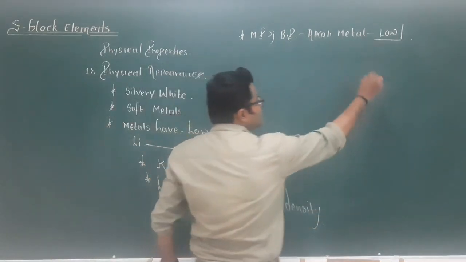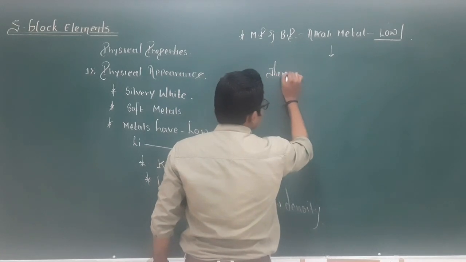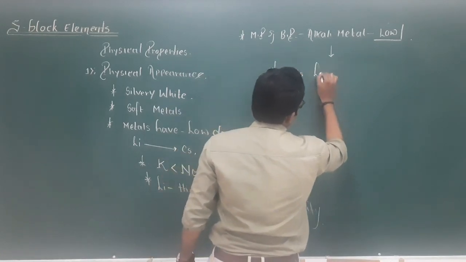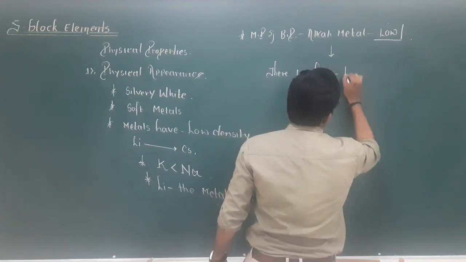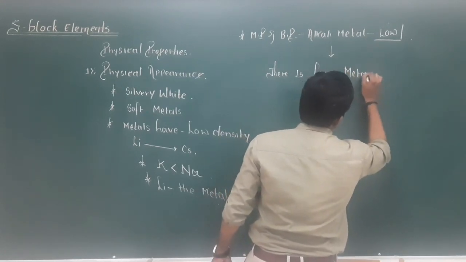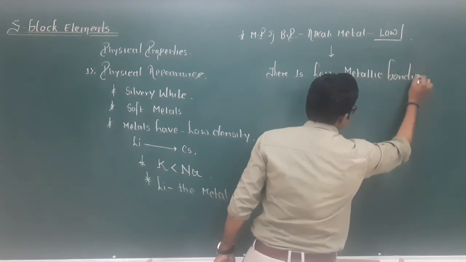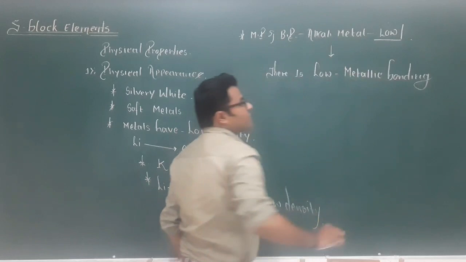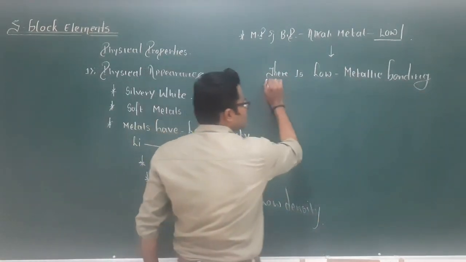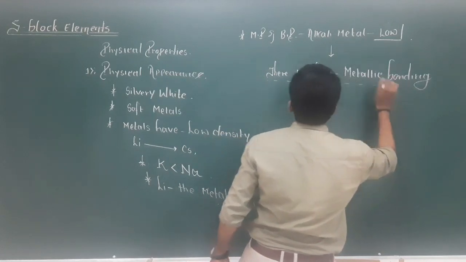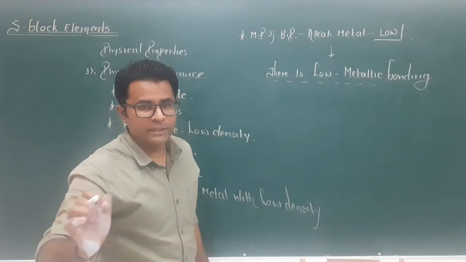So this indicates that there is less metallic bonding, that is, the bonding between different atoms is very weak. This is an indication of the low melting point and low boiling point.